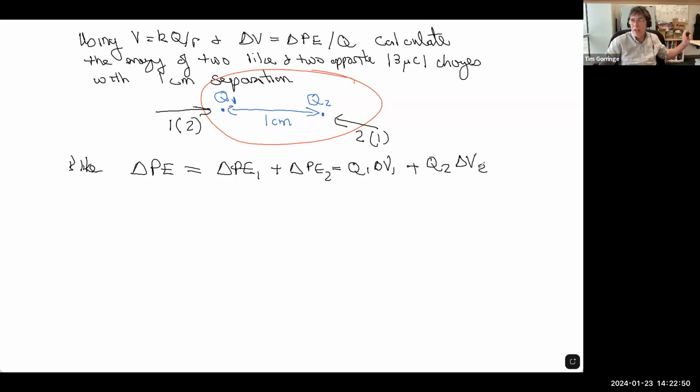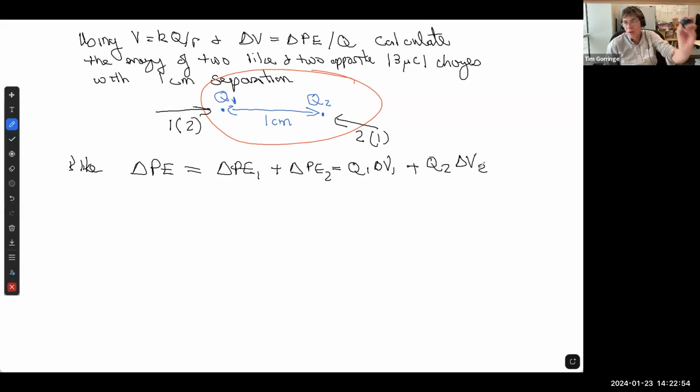And so I bring the first charge from far away, where the potential is 0, into the whiteboard, where the potential is also 0. So delta V1 for the first charge is going to be 0.